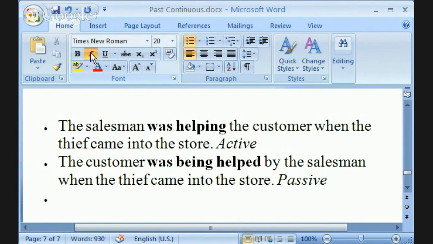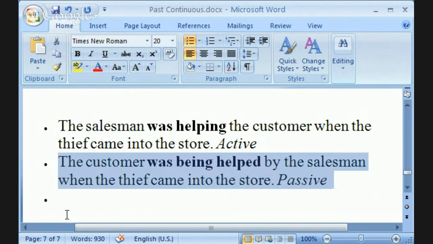Hussein, you want to give this a try? Try to form a passive using this example here. The patients... Sorry? The patient was... the patient was waiting, was being waiting.